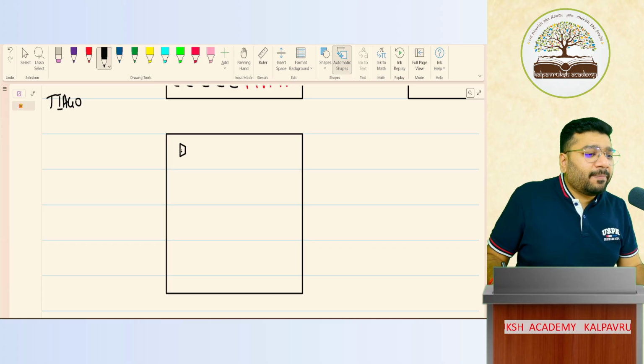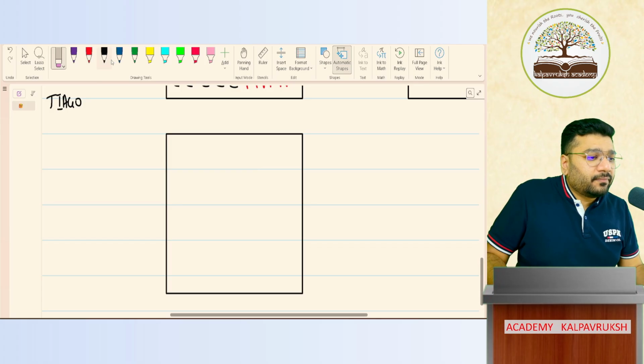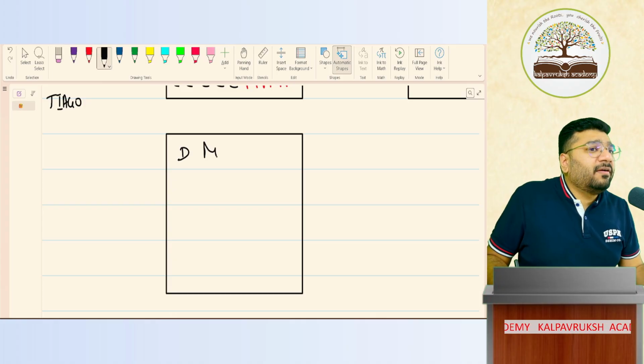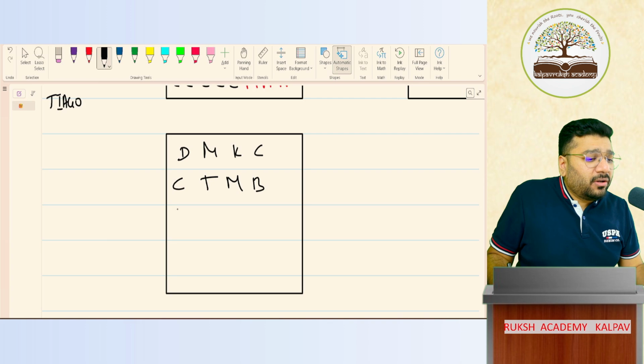For example, I'm taking. Then Mumbai, one land. Kolkata, one land. Chennai, Coimbatore, Tiruchi, Madurai, Bangalore, Hyderabad. Tell city names fast.